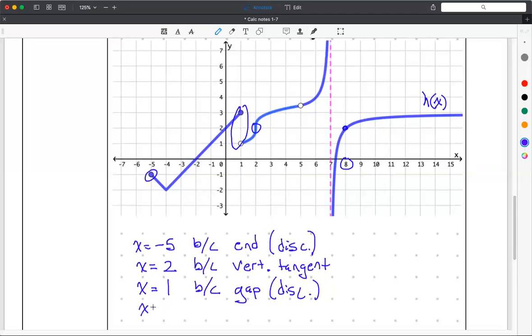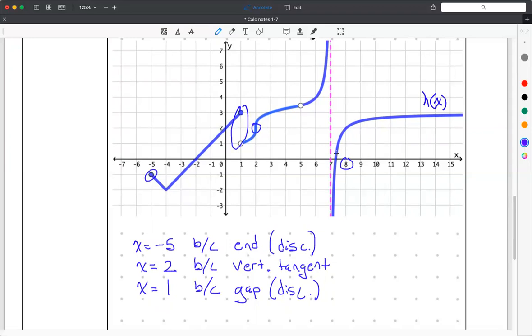Vertical asymptote? Not quite. The vertical asymptote actually happens only once, and it's right here. It has to be going straight up. I agree that the slope does get pretty crazy towards 7, but that's not technically a vertical asymptote. Wait, did you say vertical asymptote or vertical tangent? Asymptote. Okay, yeah, the asymptote happens at 7.